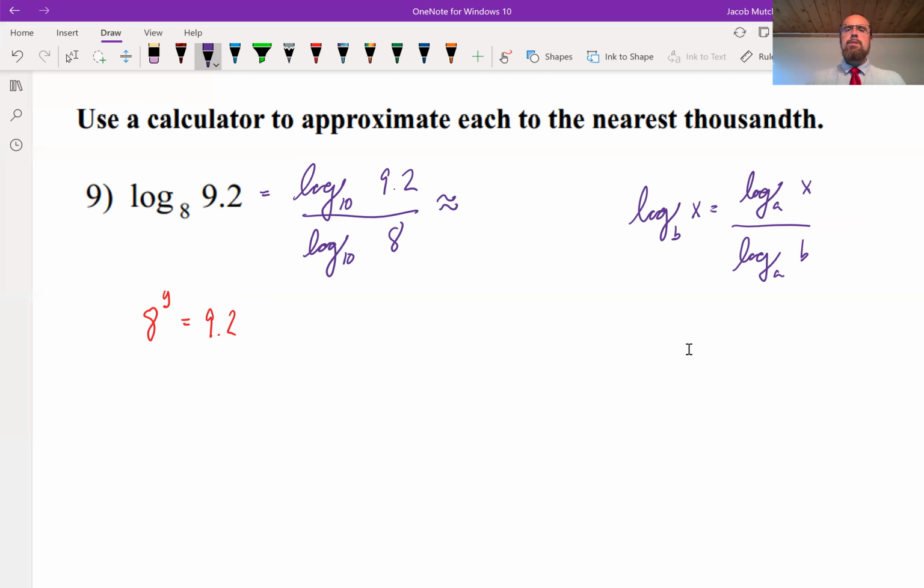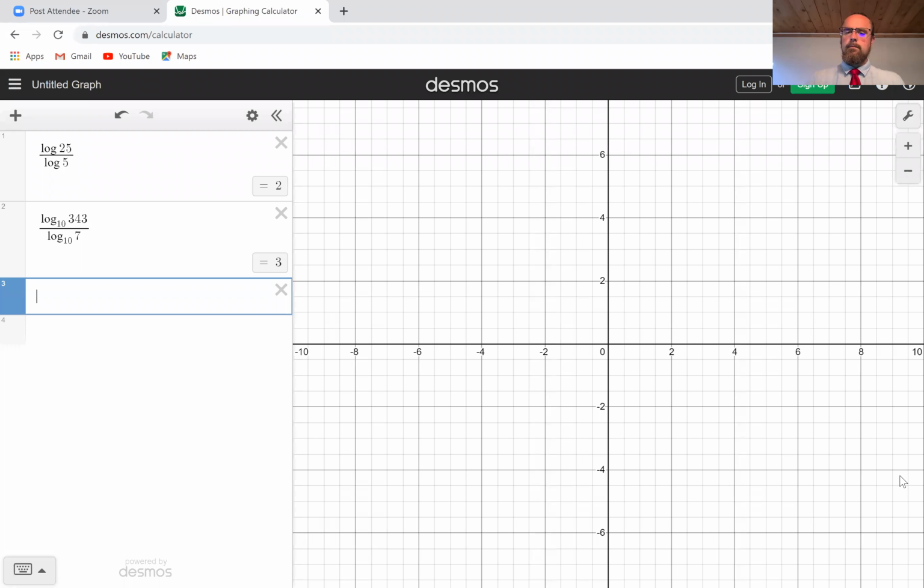Again, let's take this to Desmos. So we'll set up our fraction: log base 10 of 9.2 over log base 10 of the old base, which in this case is going to be 8.